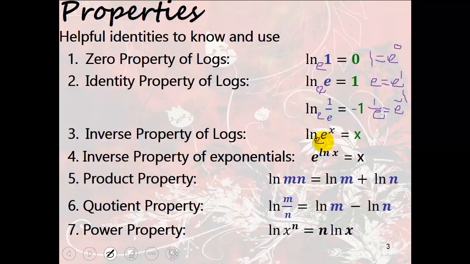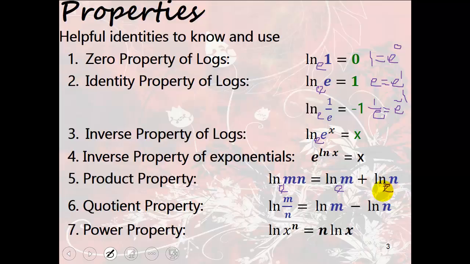And then the product property: if I have the natural log base e, I'm used to calling it just ln, so I'm trying to be very specific for you, of the product of the inputs m times n, then I can rewrite it as the sum, the natural log base e of the input m plus the natural log base e of the input n.